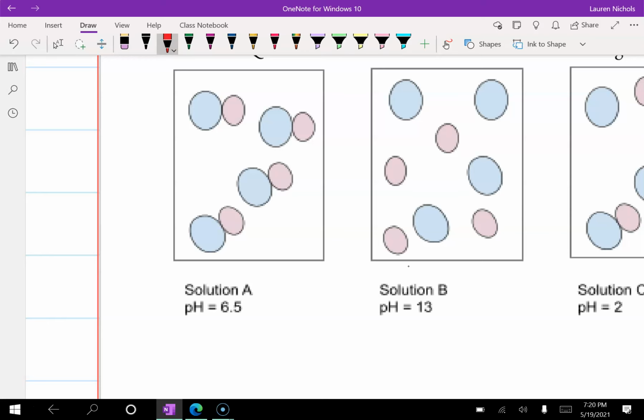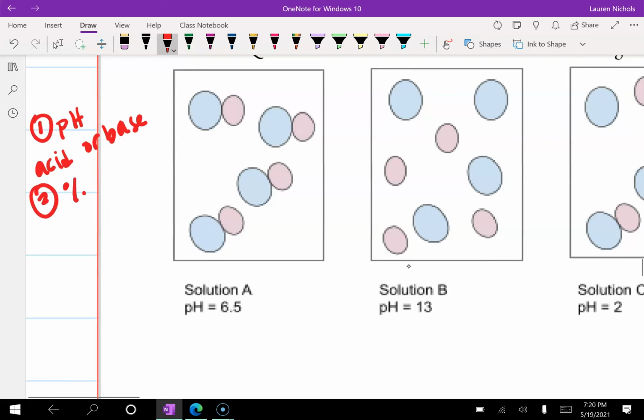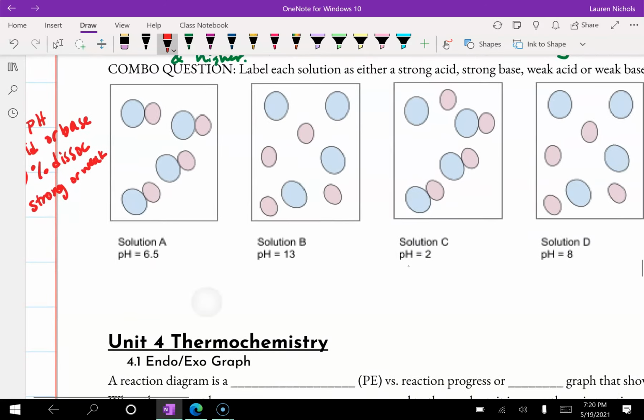So remember, we always use pH to tell us if it's an acid or base, and then you need to use percent dissociation to determine if it's strong or weak when you're given both pieces of information. So we can go through and label.